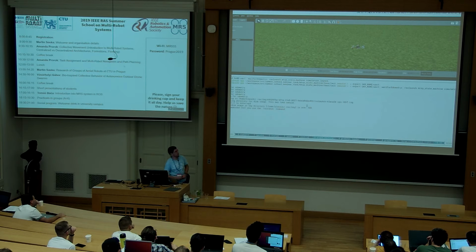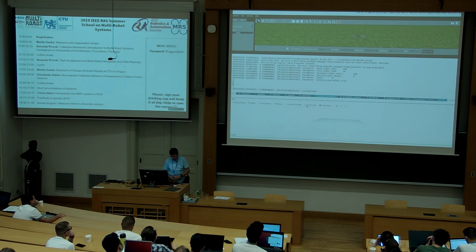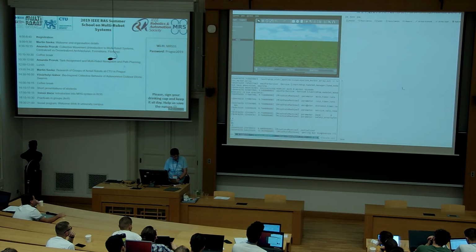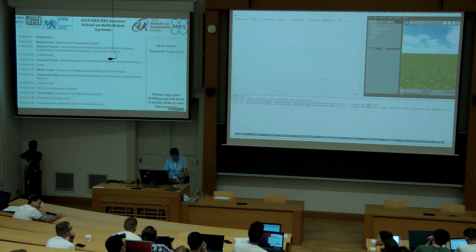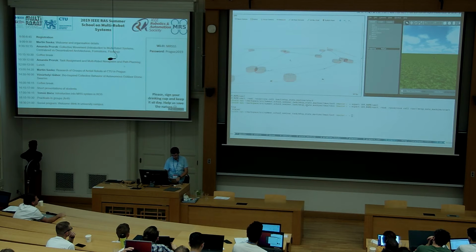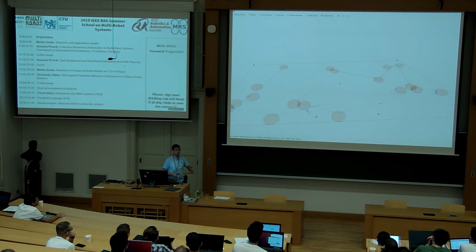So we have drone number 1, we have drone number 2. Sorry, I needed to trigger it. So now the drones created the plan using the same script I just ran a few minutes ago using pure Python.